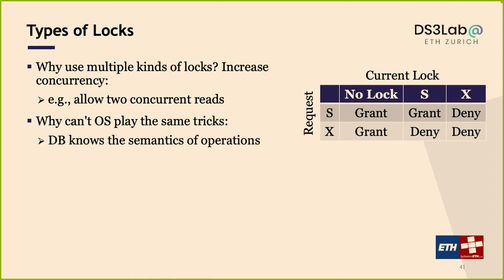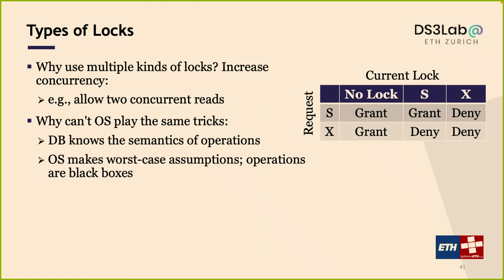The only reason that a database can do a little bit more is that we know the semantics of operations. We know what we are trying to do. On the other hand, for operating systems, sometimes you need to make a worst-case assumption on what you are trying to do. All the operations are essentially black boxes.